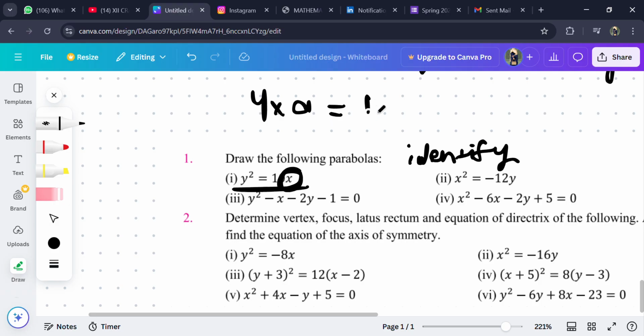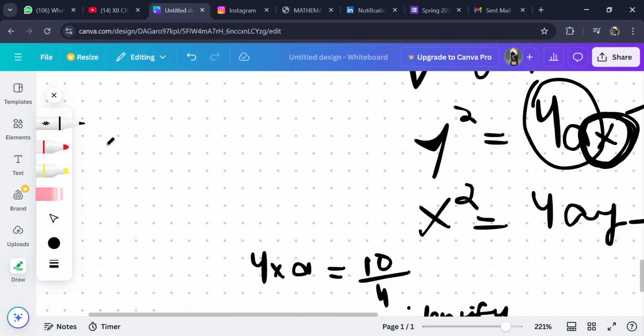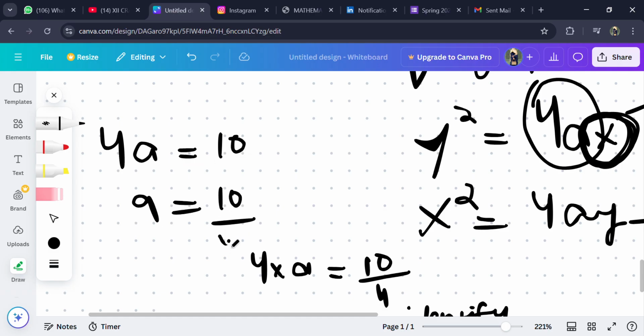Let's say 10 upon 4, 4a is equal to 10 and here a is equal to 10 upon 4, where 4 ones are 4 and 4 twos are 8, point 2 would be left.